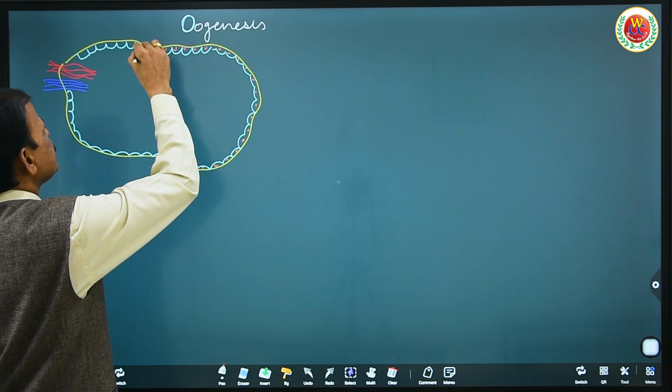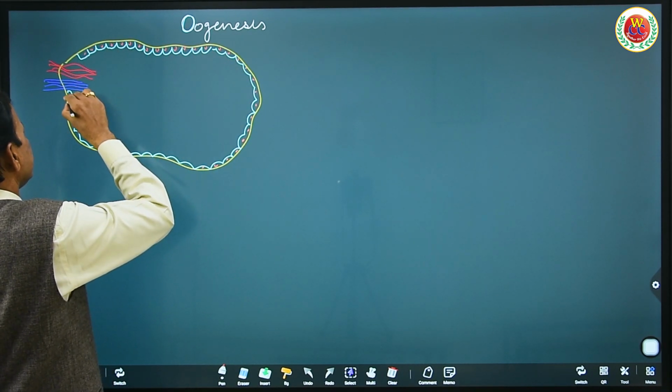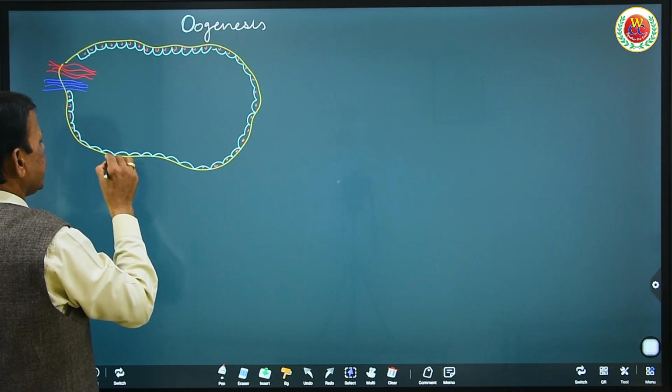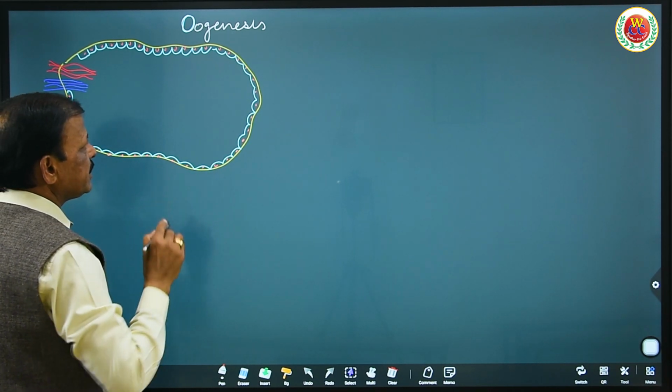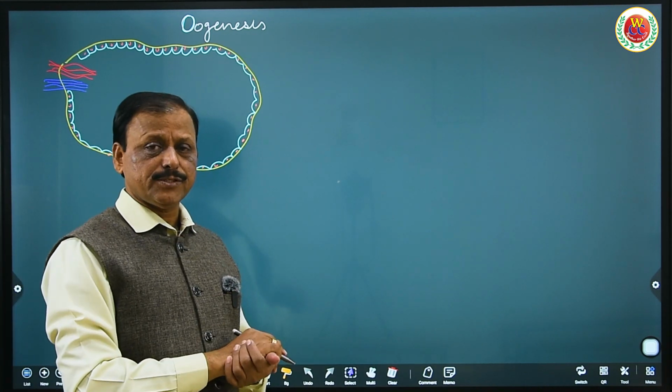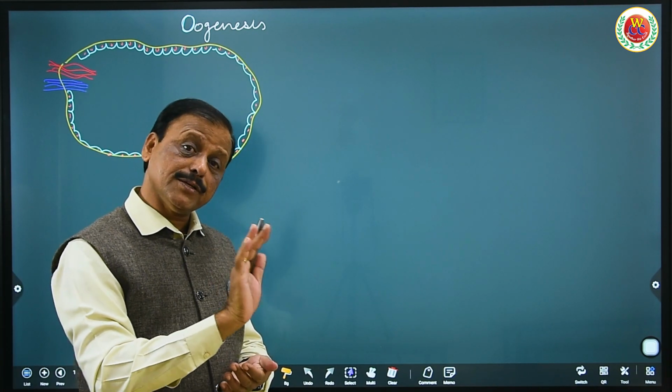They are produced and present inside each ovary during embryo development of the female fetus in the mother's body.